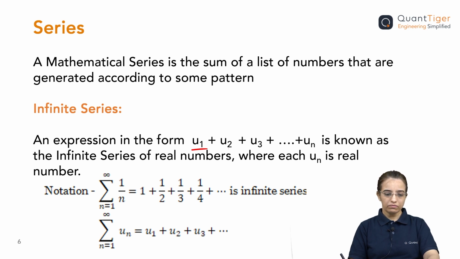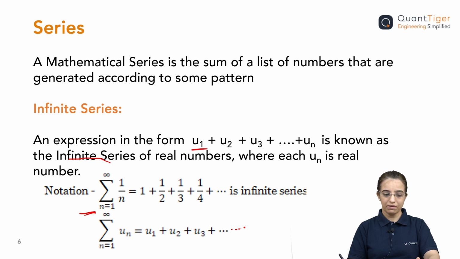Now if it is an infinite series, then again we will write dot dot dot at the end, as we don't know the final value. And for notation, we use the addition sign, the summation sign.